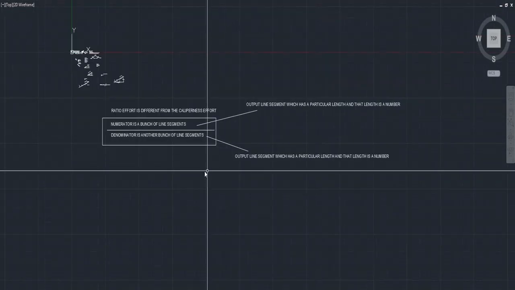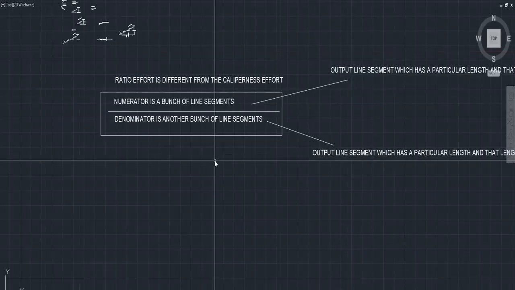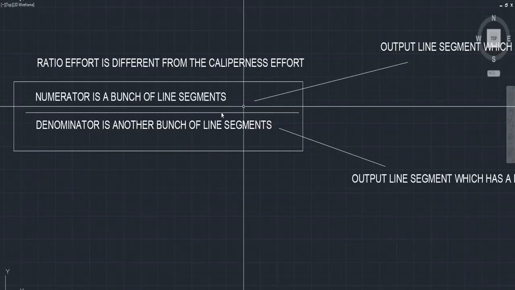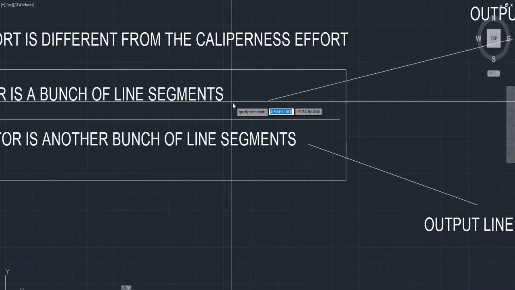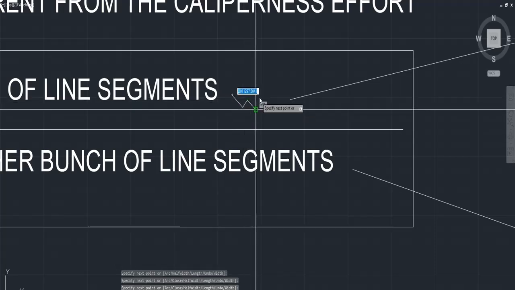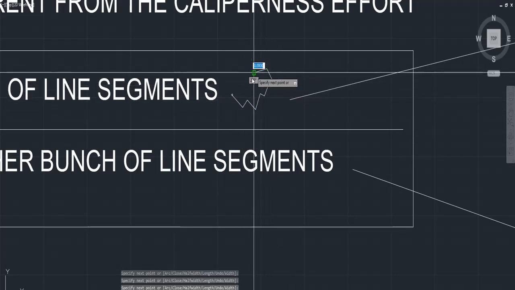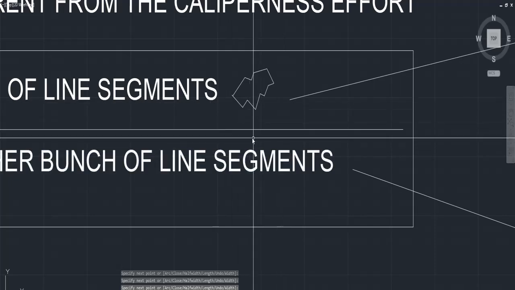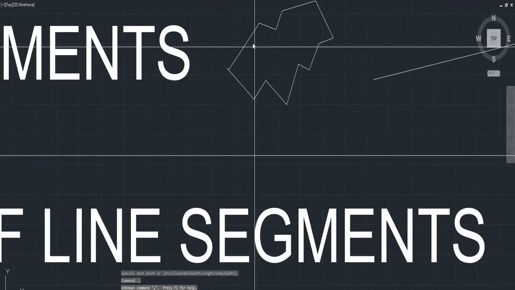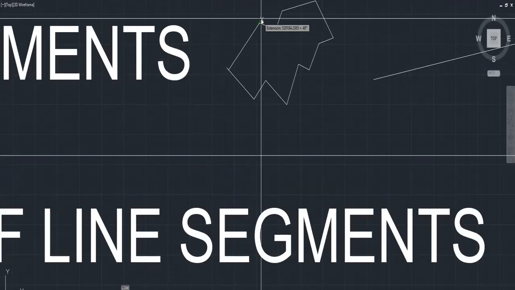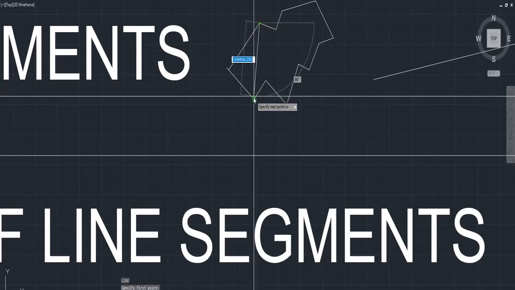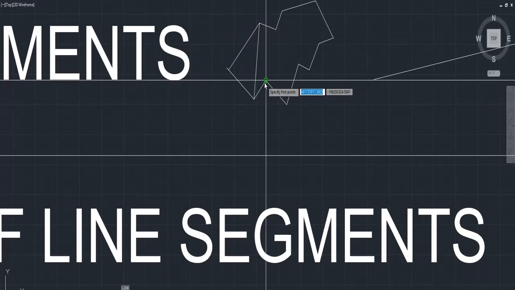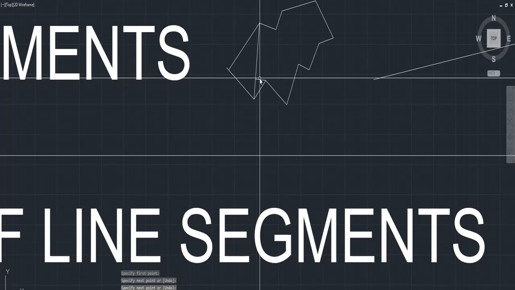These numbers divide to give us the numerical ratio, but ultimately the numerator is a bunch of line segments which can look like this and which has other triangulation properties also, like this kind of triangulations are commonly visible.